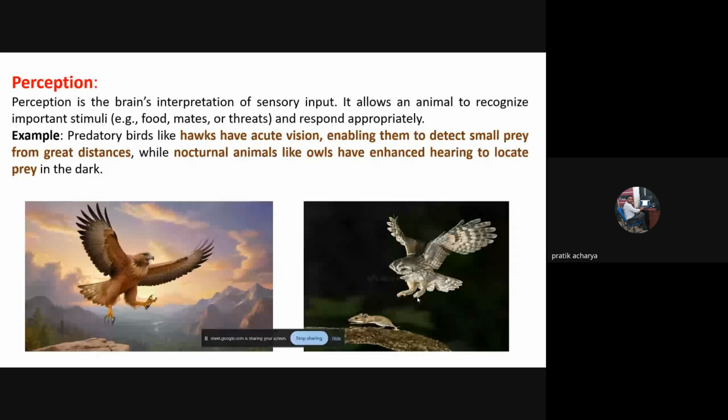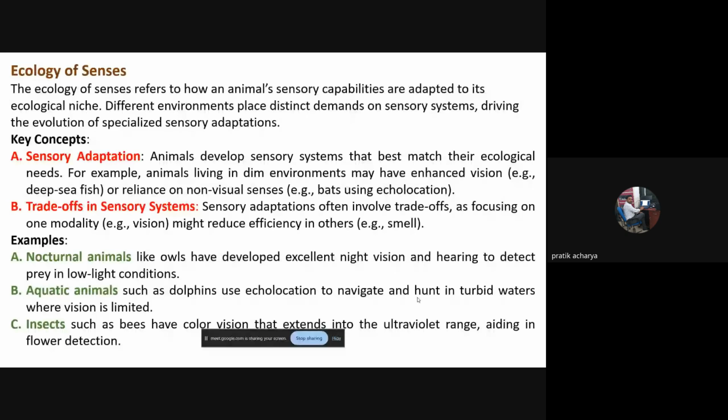By interpreting those sounds, they try to attack an animal or any kind of substances. Accordingly, they start their function. So these are different examples of perceptions. So it is all about processing and perception.